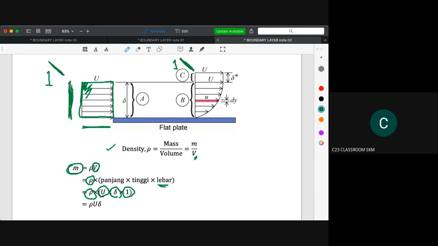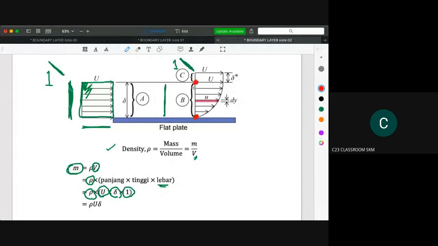And we know that the definition of boundary layer thickness is the distance on the y-axis from u equal to 0 until u equal to 99%.